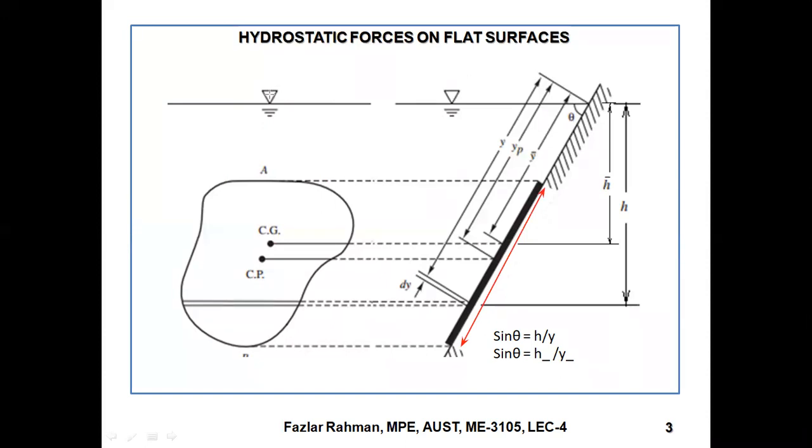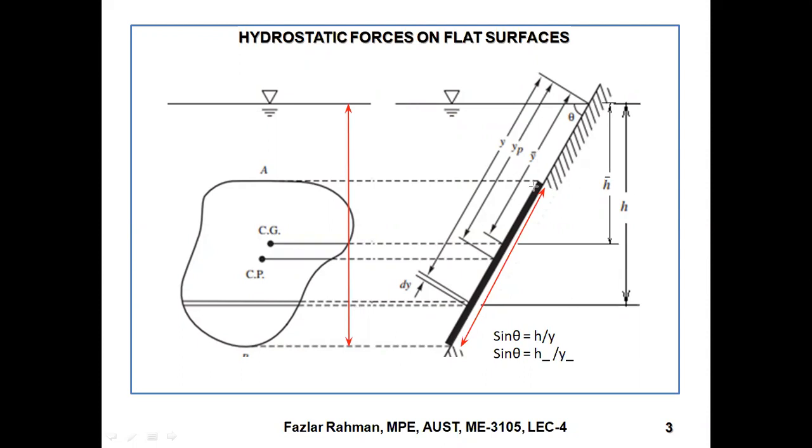So the depth of the fluid at this point will be the distance from here to here, right? And we are thinking that this inclined surface of a dam makes angle theta with the horizontal line.